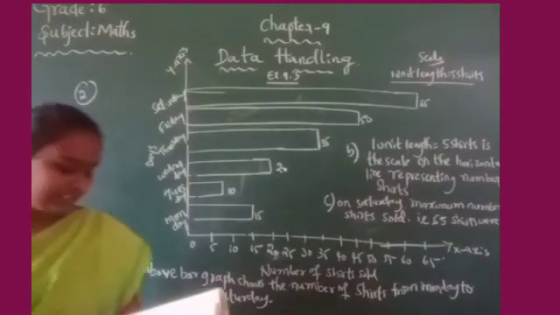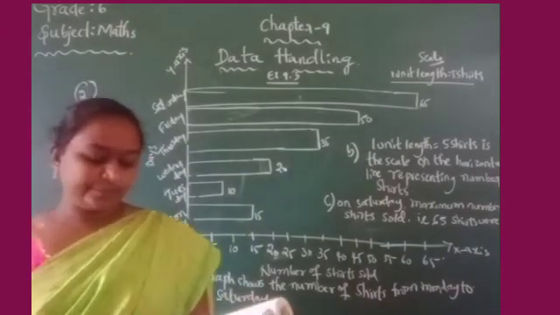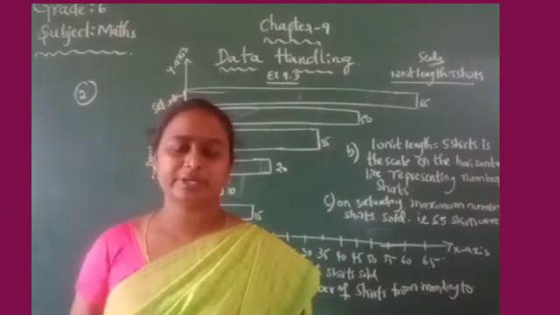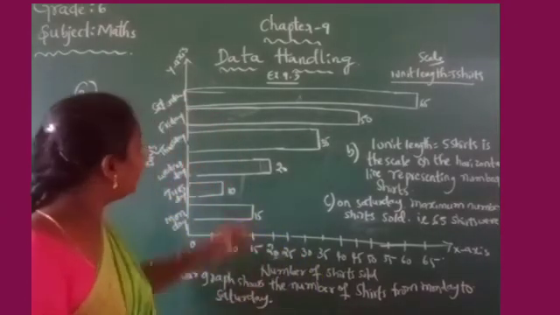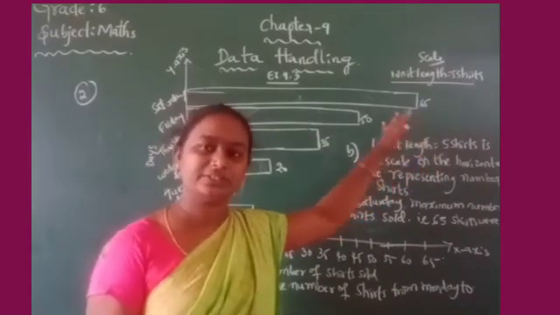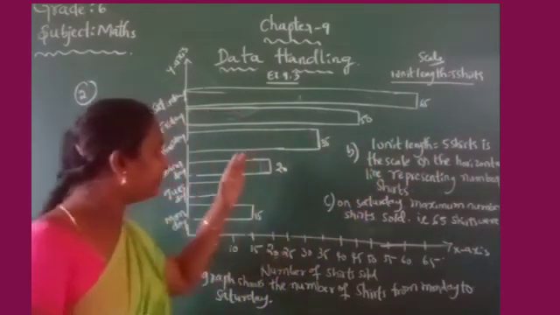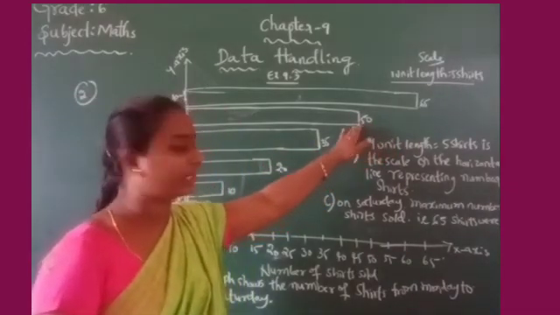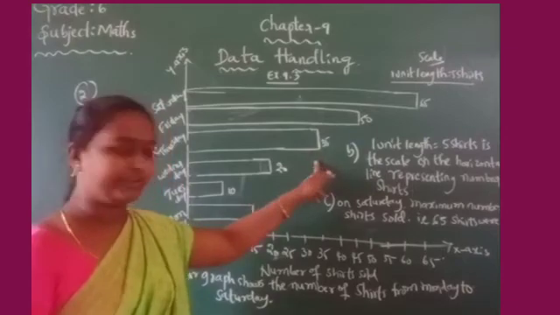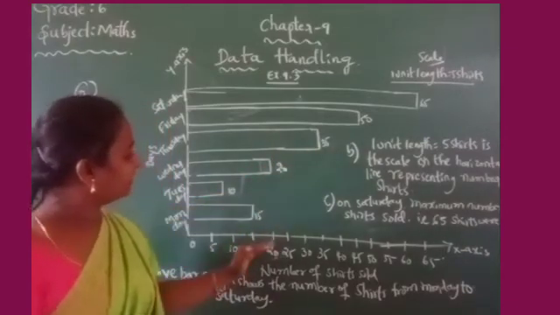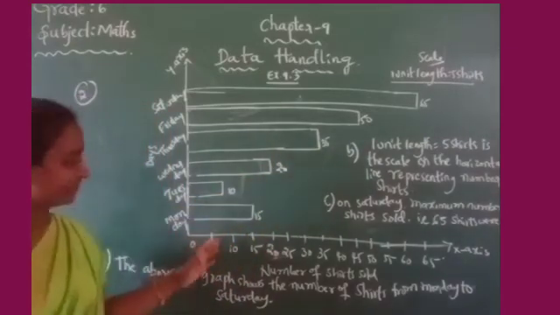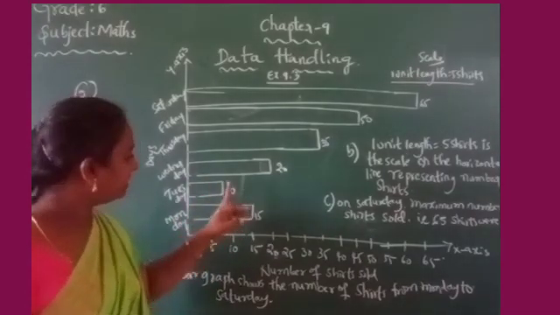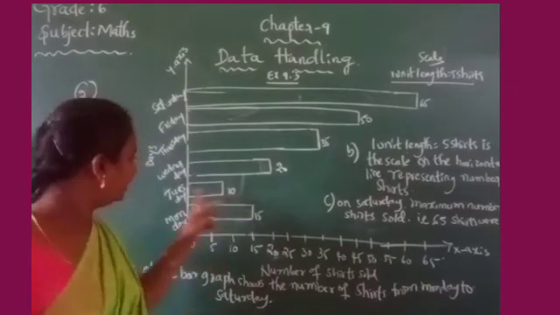Last one: on which day were the minimum number of shirts sold? Minimum means the least number of shirts. Saturday sold the maximum, 65 shirts. Minimum means less than that. 50, 35 is there, so less than that. On which day? Very good. Tuesday. So 10 shirts were sold on Tuesday.